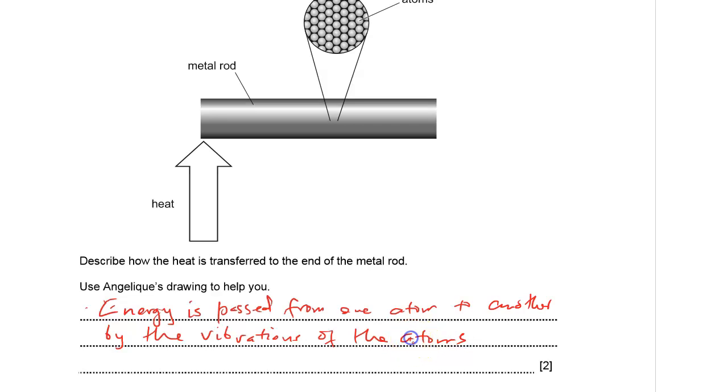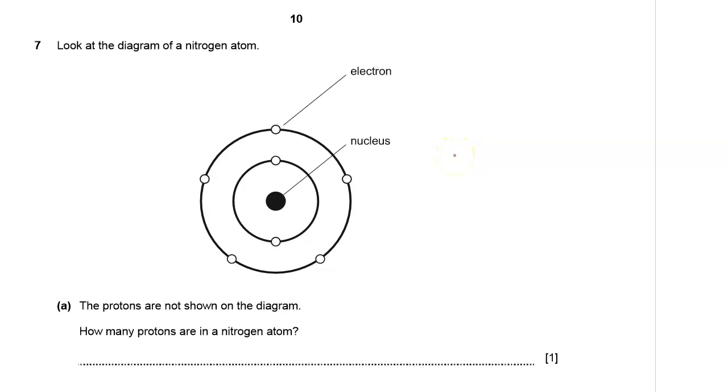When the atoms vibrate, that is good enough to pass energy from one atom to the other. And of course, this will continue until all the atoms are vibrating along the metal rod, passing the heat from one atom to the other.